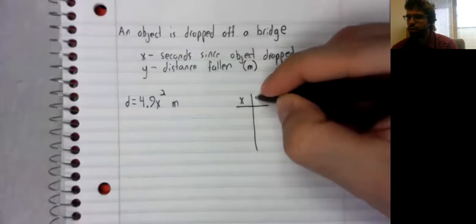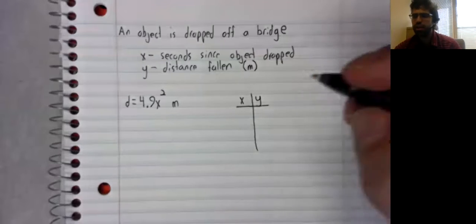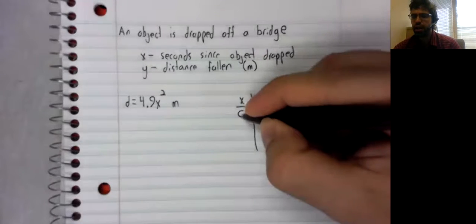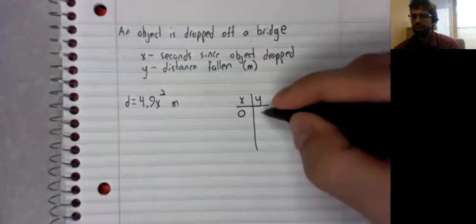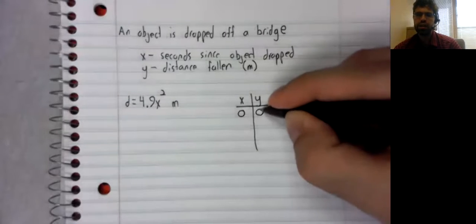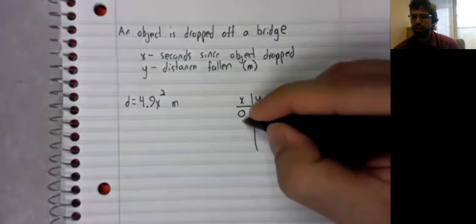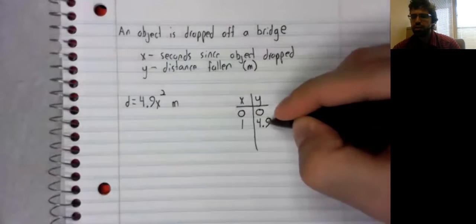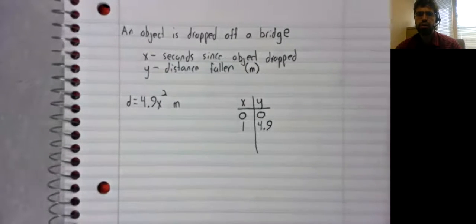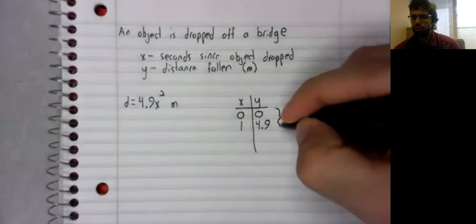So let's look at what happens to Y as X changes. At time 0, the object hasn't started falling yet. So it's fallen a distance of 0 meters. After 1 second, the object has fallen 4.9 meters.